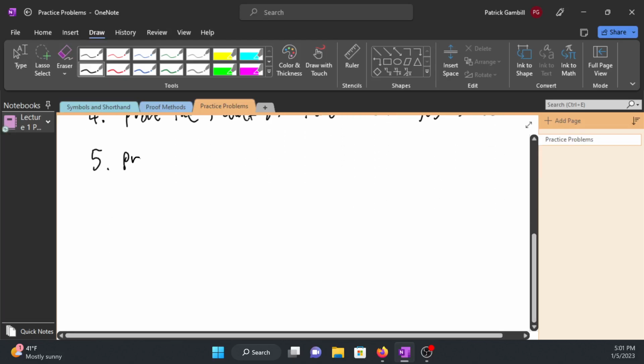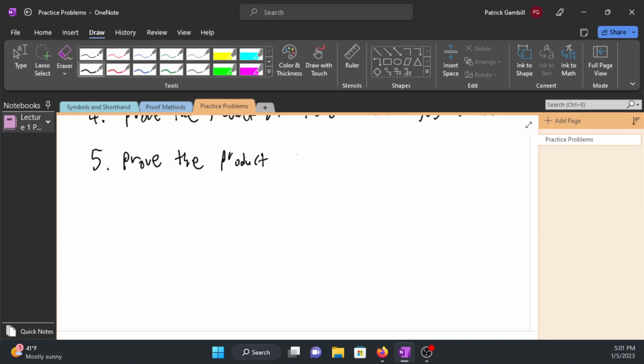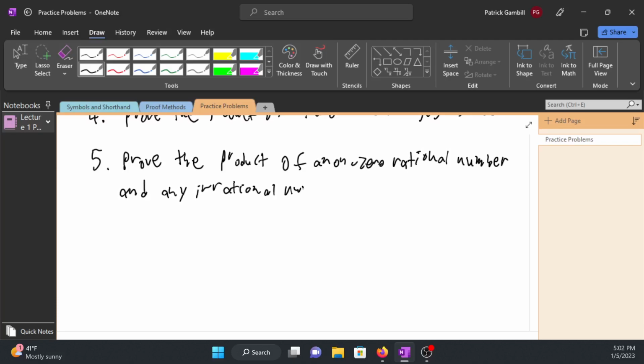Number 5, you might prove the product of, I won't use shorthand, I'll state it out explicitly, of a non-zero rational number and any irrational number is irrational.